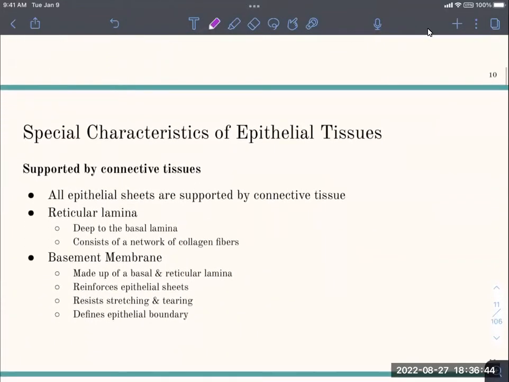All epithelial cells have connective tissue underneath. So underneath the epithelium, we have a basal lamina and a reticular lamina, and that makes up our basement membrane.